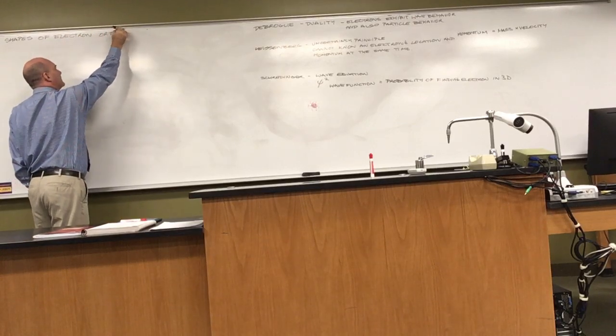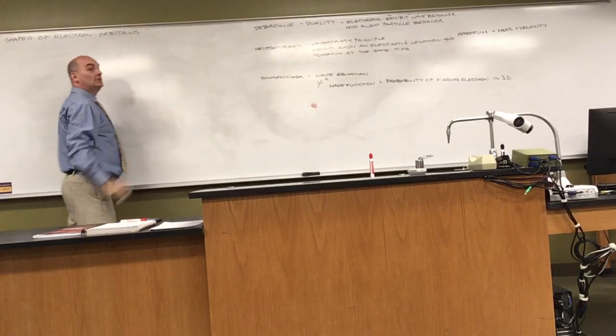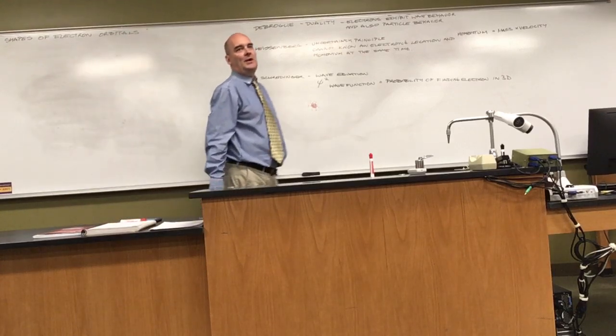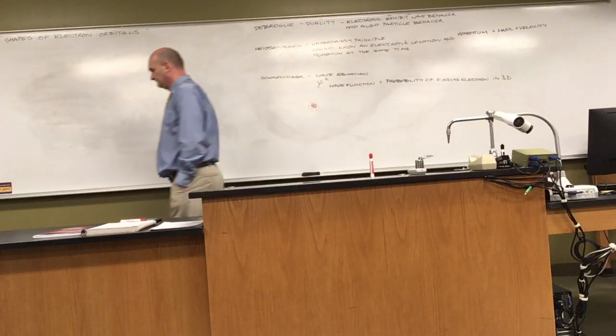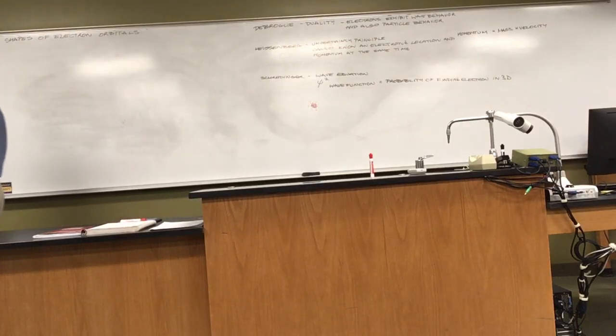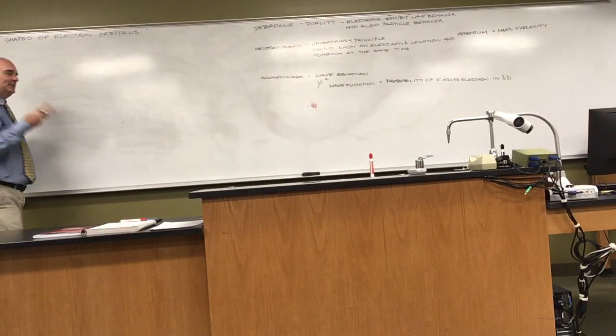So Schrödinger leads us to shapes of electron orbitals. And we're going to show you 3 types.